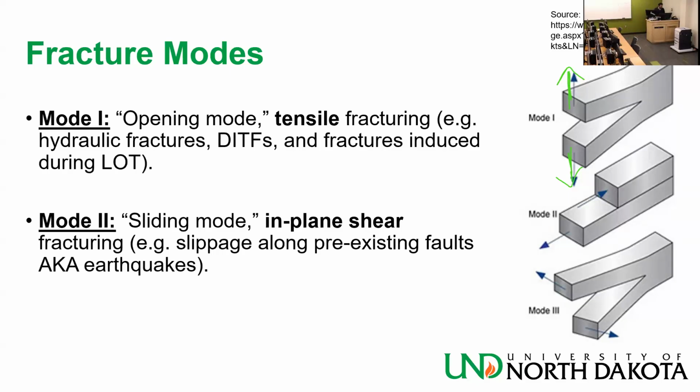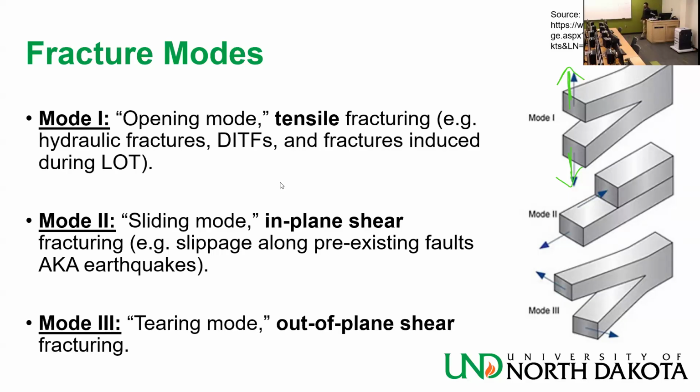Mode 3 is the tearing mode, it's out-of-plane shear. It's like a twisting mode, as they call it. They call it opening mode, sliding mode for the second one, and then twisting or tearing mode. Imagine again you have chopsticks from a restaurant, you twist them apart, that's mode 3.